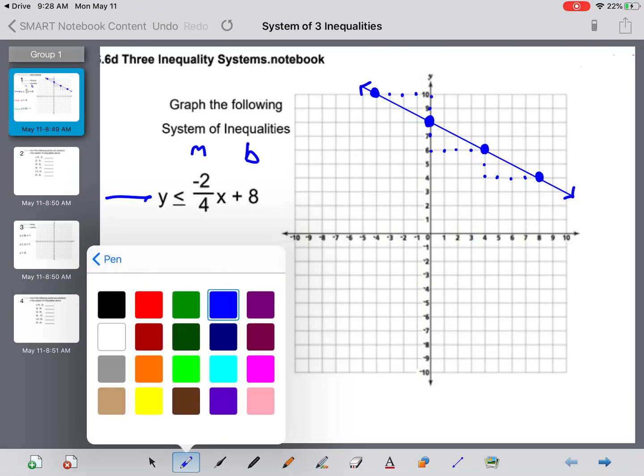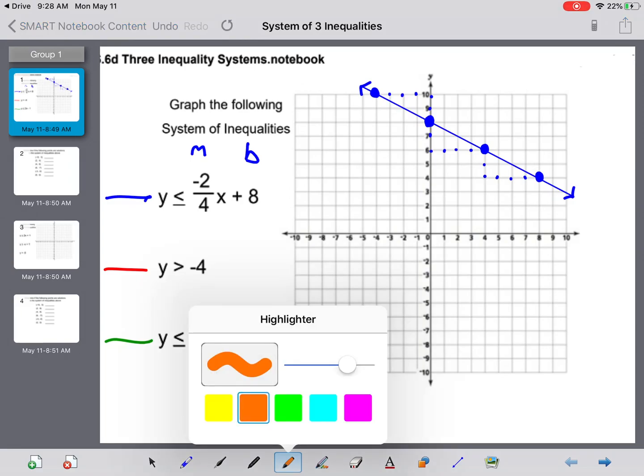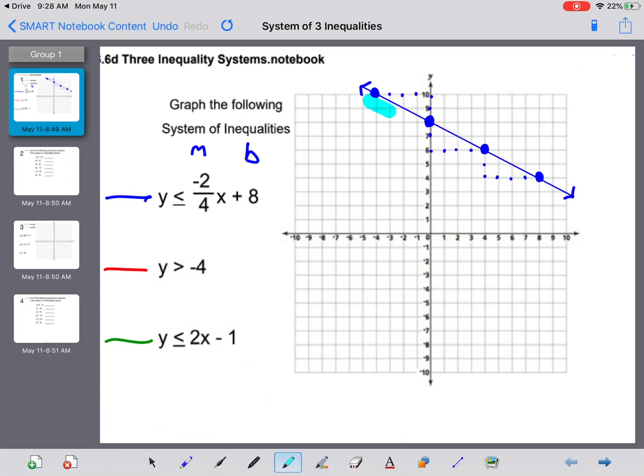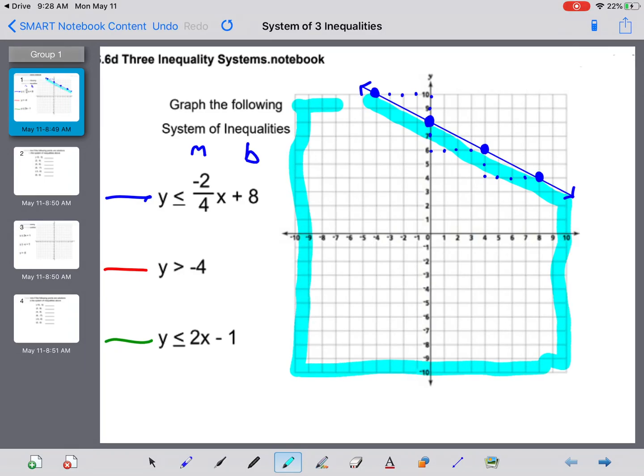Less than or equal to means a solid line. And I am going to shade below. Less than. A lot of shading here.